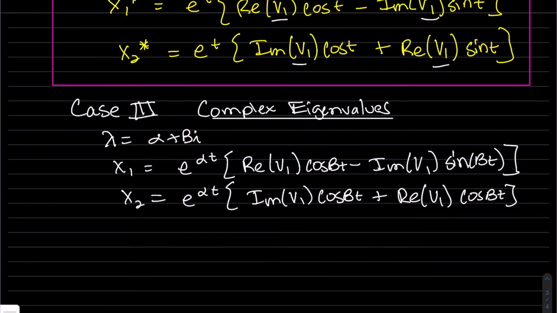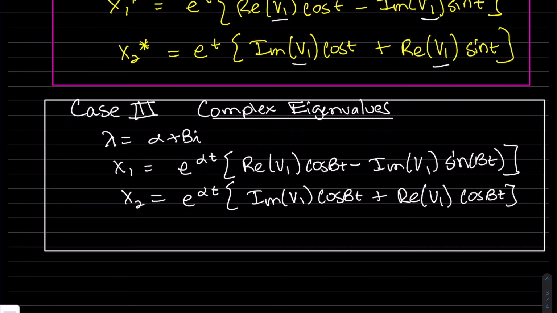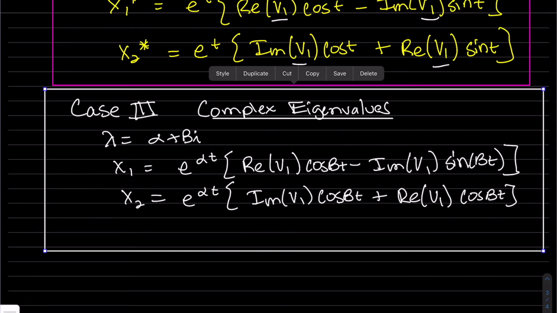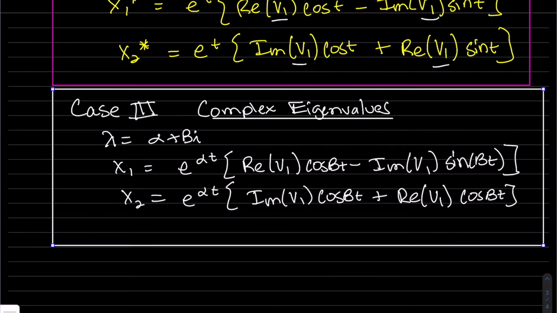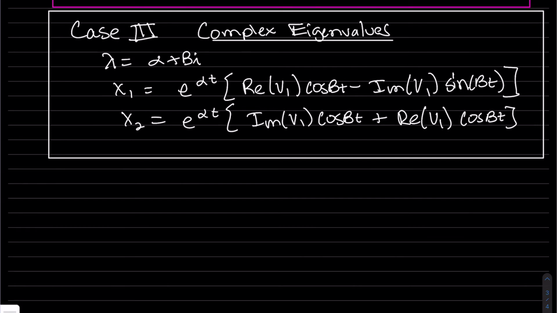So, I mean, I could have given you this without the explanation, but I thought it was a really neat explanation. But you do have to go through and find your complex eigenvalues. You just need one. So let's do an example to see what it looks like.